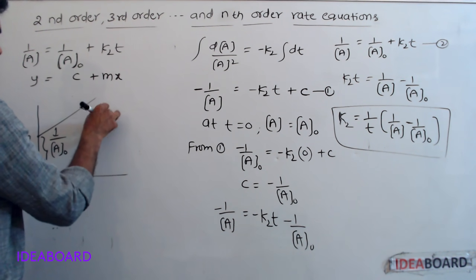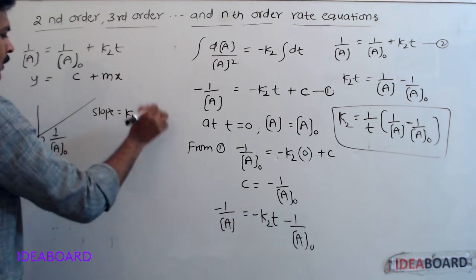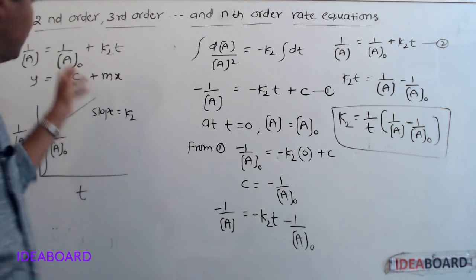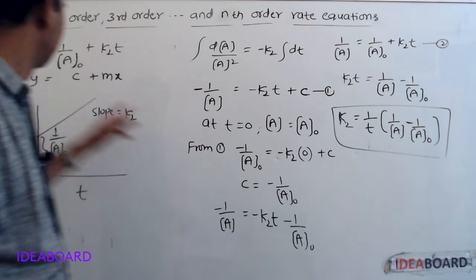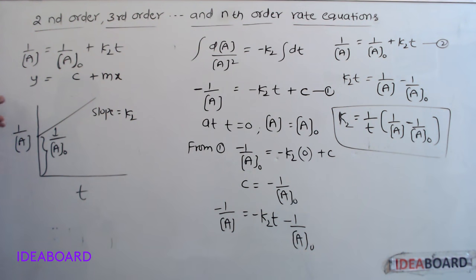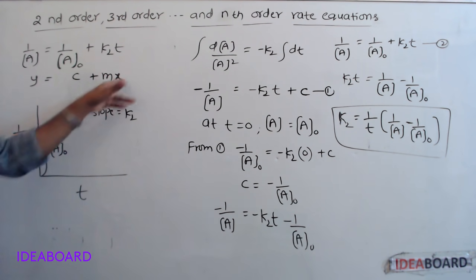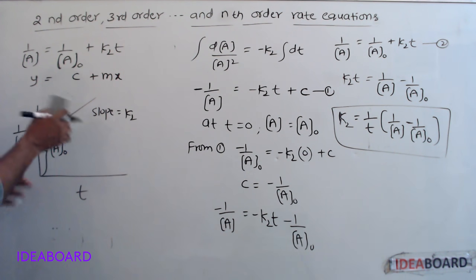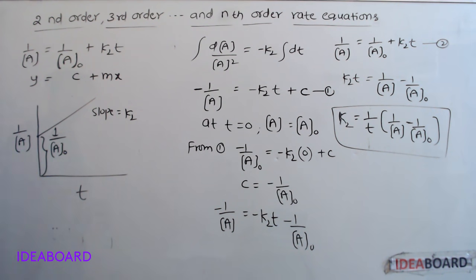Slope is equal to K2 for a second order reaction. So we get a straight line. The slope of that line is K2. Y intercept is 1 by A naught, 1 by initial concentration of reactant.